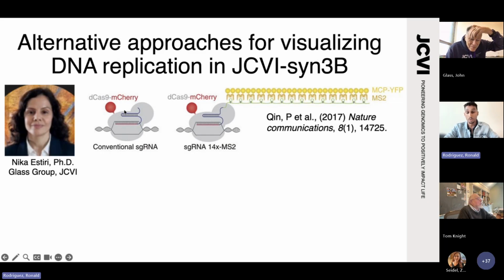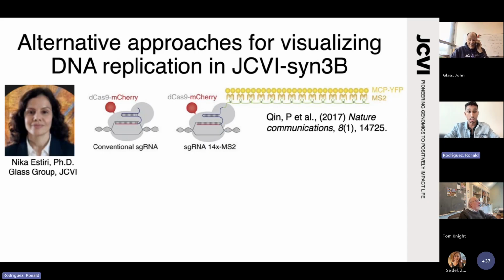This takes advantage of fluorescently labeled dCas9. Wild-type Cas9, based on a user-defined single guide RNA sequence, will bind to a specific DNA sequence and introduce a double-strand DNA cut at that sequence. dCas9 is a mutated version of Cas9, also known as deactivated Cas9, that will still bind to a DNA sequence based on a user-defined single guide RNA sequence.